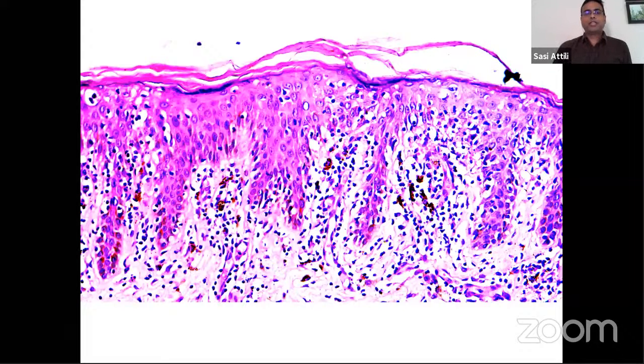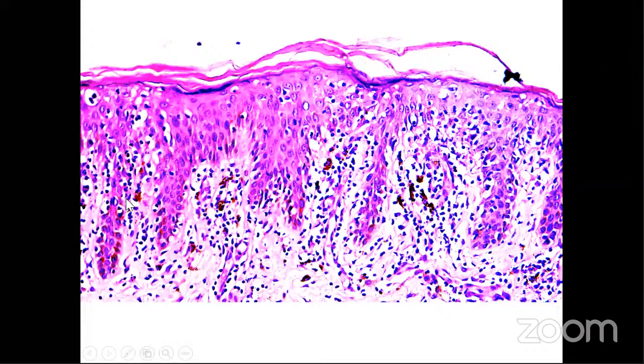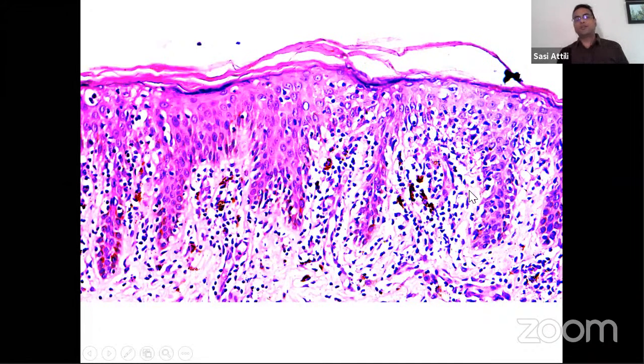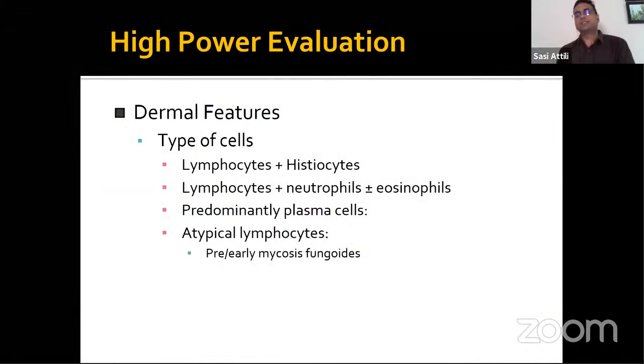So what you're seeing here is confluent vacuolar interface change. Okay, someone has written mycosis fungoides. Yes, so this is mycosis fungoides. You're seeing epidermotropism of lymphocytes forming even small Pautrier microabscesses here. And so the next feature you look for is atypical lymphocytes.